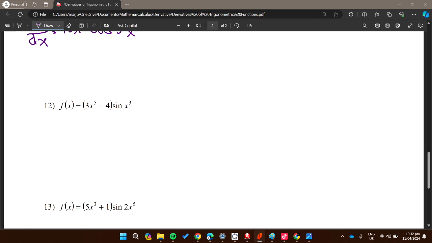Hindi ko gets asan galing yung 9x to the power of 7. Typing pata si Mr. Owl.